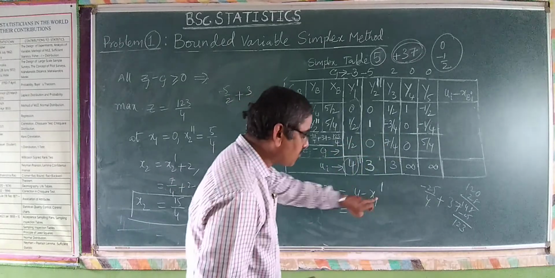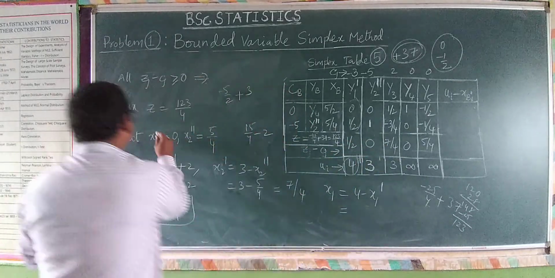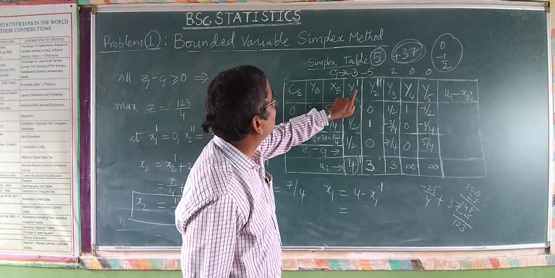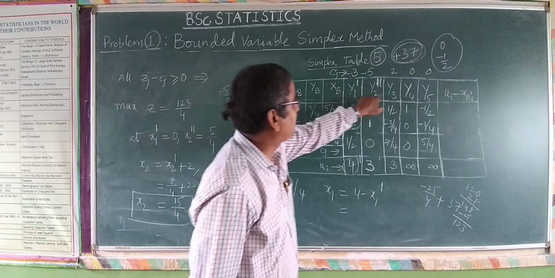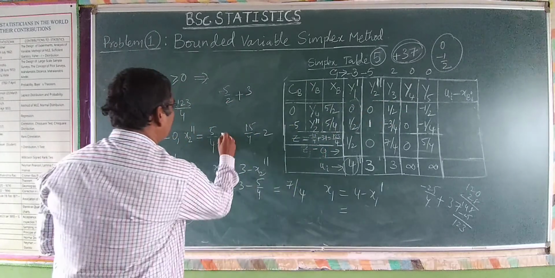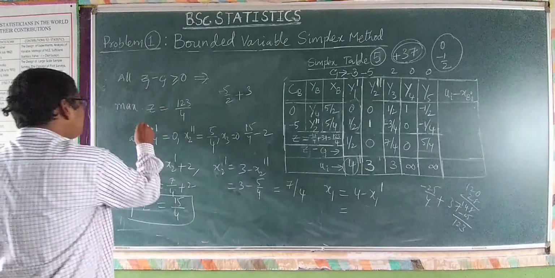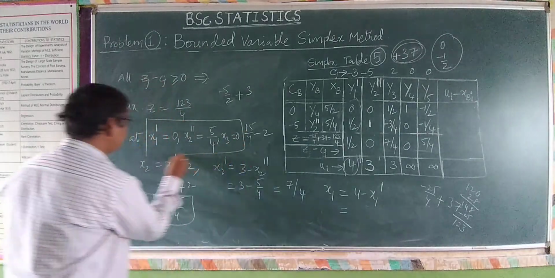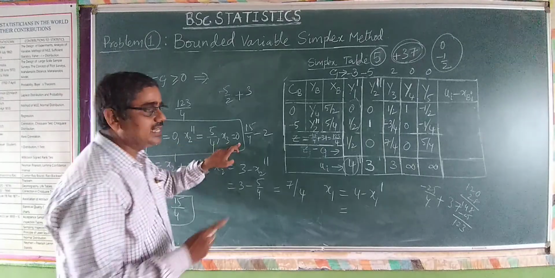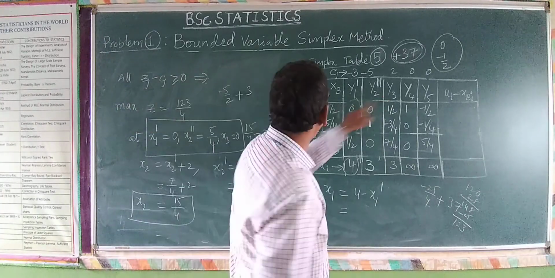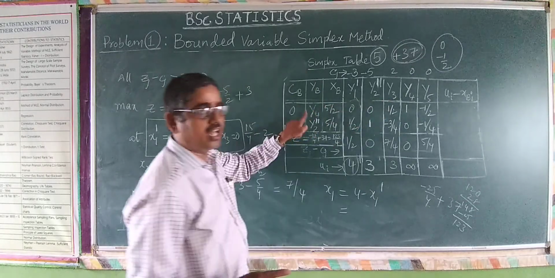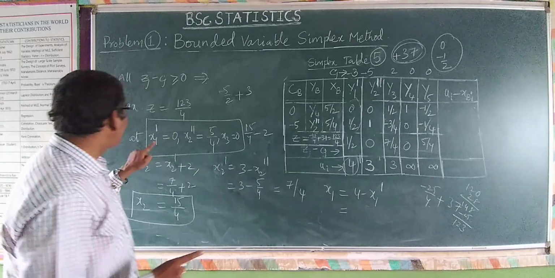So x1 is equal to 4 minus x1 dash. x1 dash is 0. Why? Because you see here y1 dash, y2 dash, y3 are the variables here. So therefore x3 is 0. These are the values we have from the table. Because x3 is not here, y1 dash not here, y3 not here, therefore the x3 value is 0, x1 dash is 0.